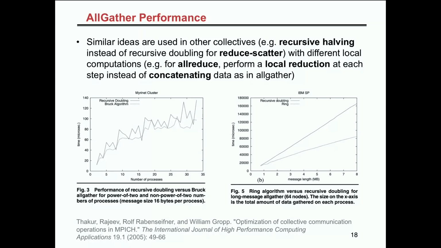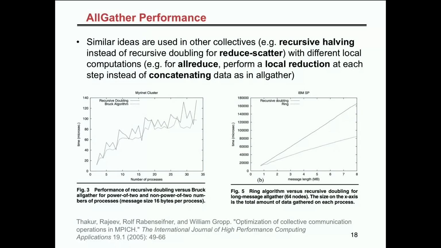And the top line in the slide shows that the reason I showed all-gather and not other collectives is they're awfully similar ideas. So, for example, in the reduce-scatter case, instead of recursive doubling, you'll be doing something called recursive halving. Same idea with the data being halved as opposed to doubled.